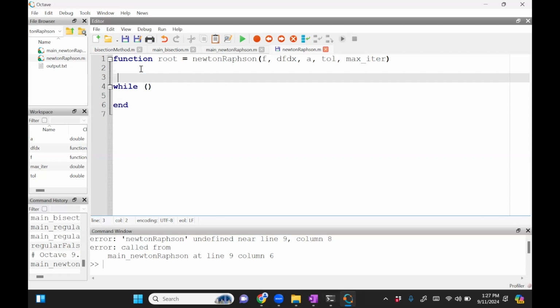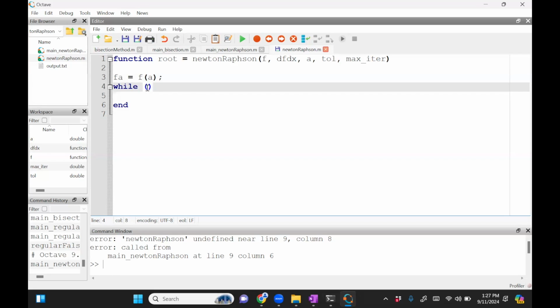So what is that value? Well, let's call fa as f of a. Then we know that in order to converge, abs f of a should be less than tol. This loop will keep running till the condition inside the bracket is violated, right?